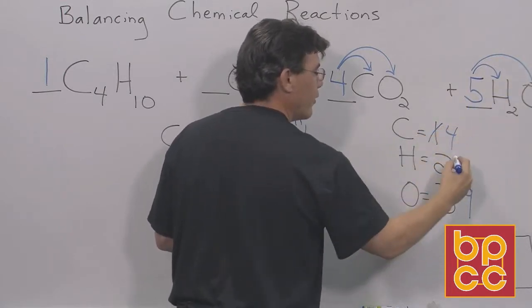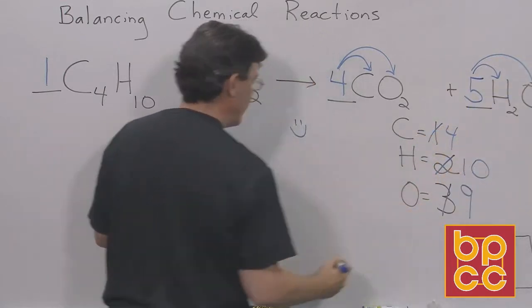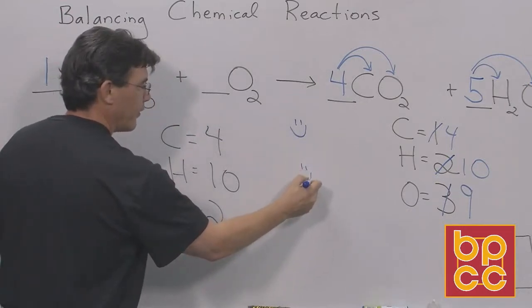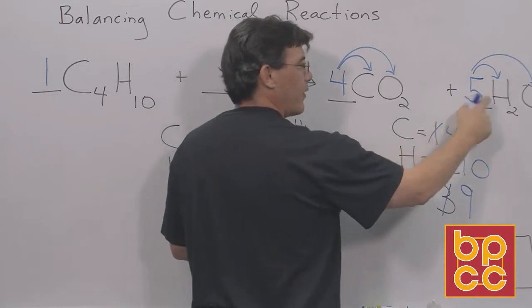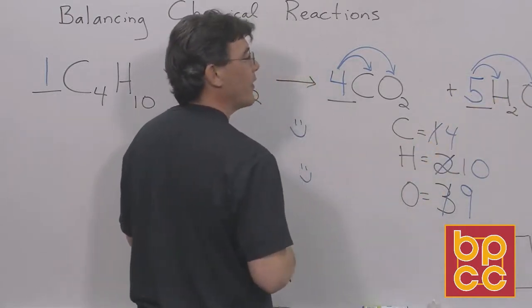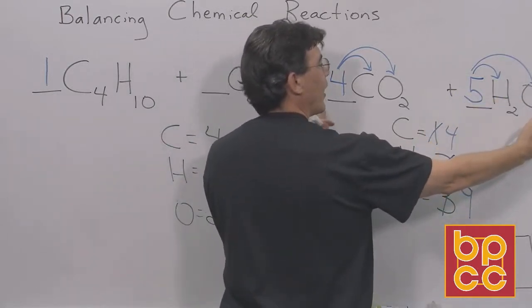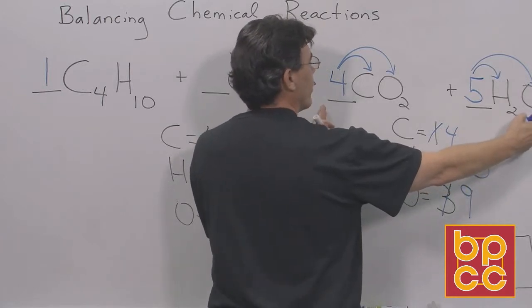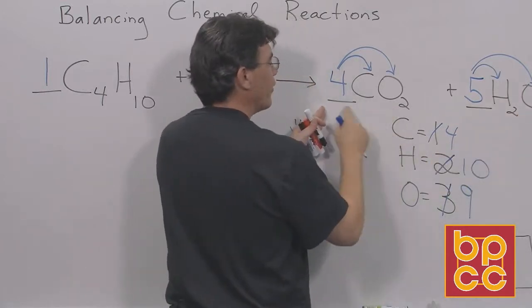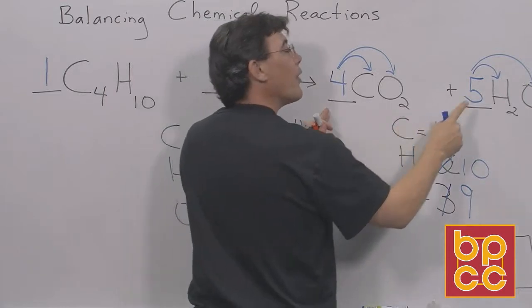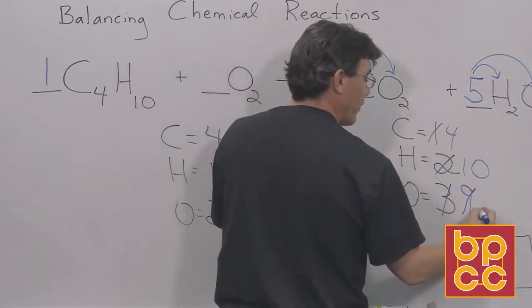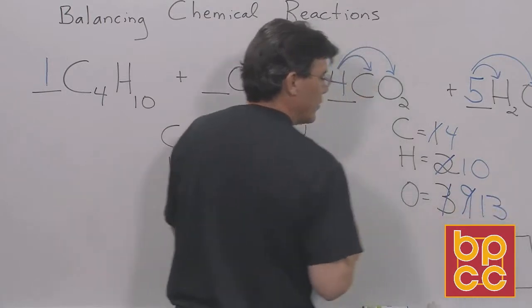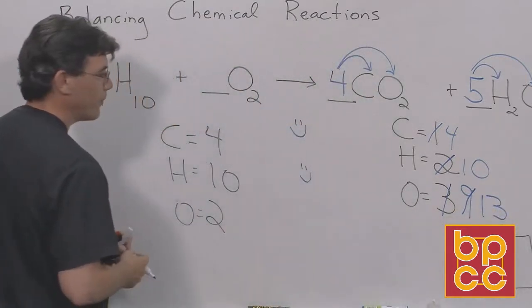Here, 5 times 2 actually gives us 10 hydrogens. And while we're at it, let's give ourselves a smiley face for 10 and 10. What does that 5 also affect, though? The oxygens. So let's recount the oxygens on this entire side. Look everywhere for oxygen. Here we have 8 oxygens, 4 times 2, plus another 5 oxygens, so we're up to 13. Bad and getting worse on the oxygen.